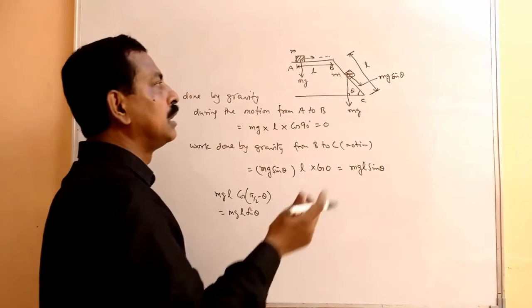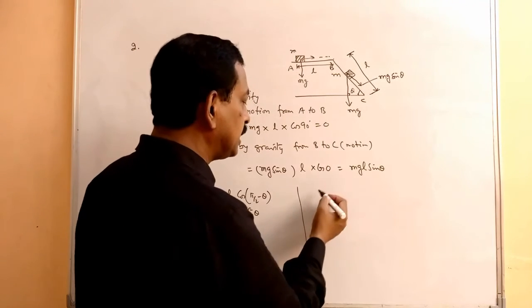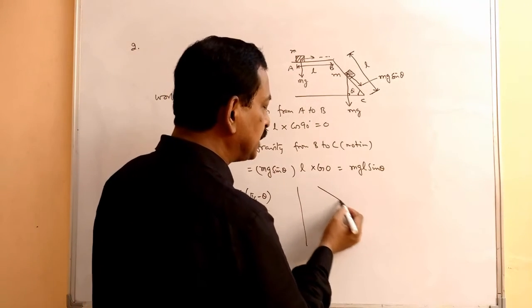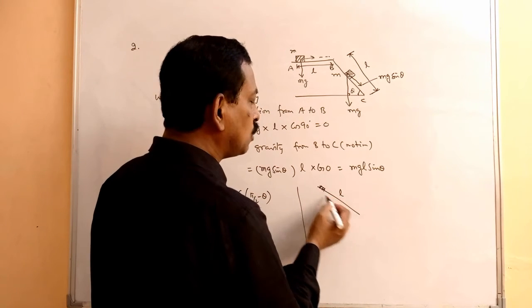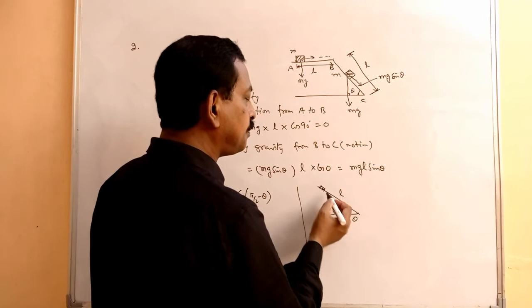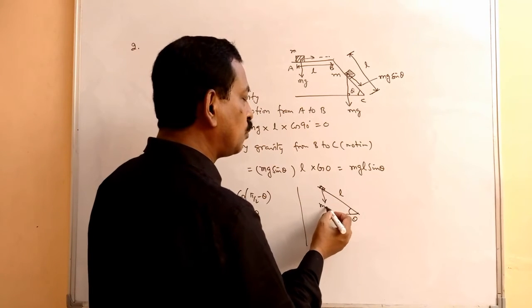Now one more thing you can consider here. One more way in which we can get the same thing here. Remember, when the body is sliding down the inclined plane, the weight is acting downward, mg.